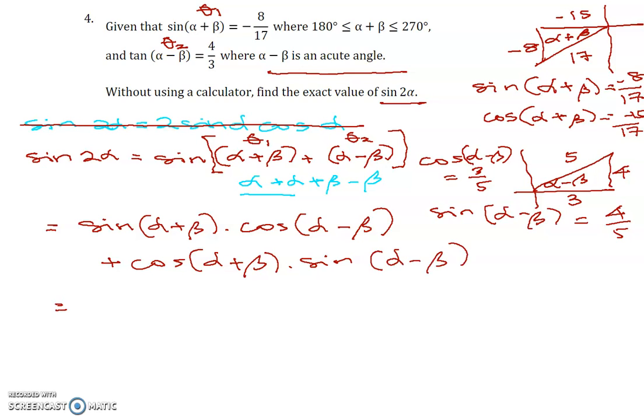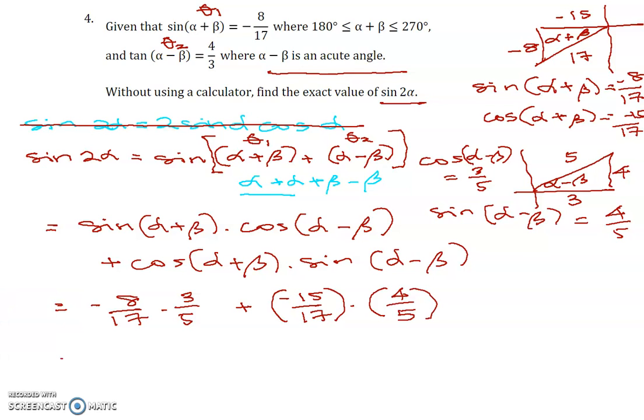Then you just plug in: negative 8 over 17 times cosine, which is 3 over 5, plus cos of alpha plus beta, which is negative 15 over 17, in brackets, times sine, which is 4 over 5.